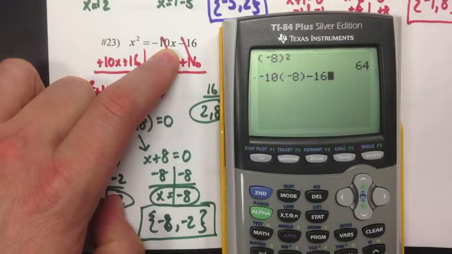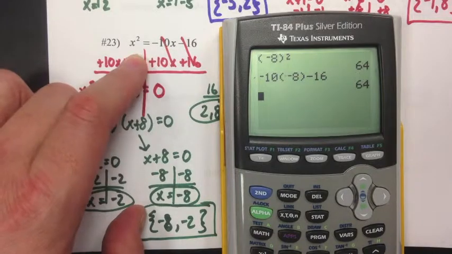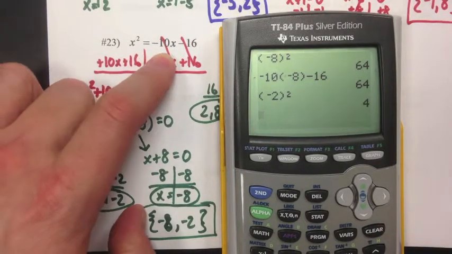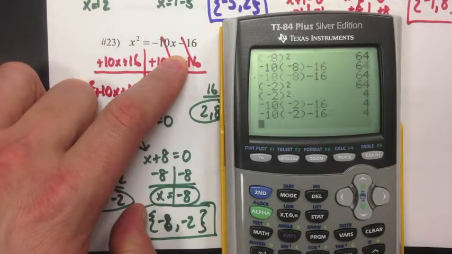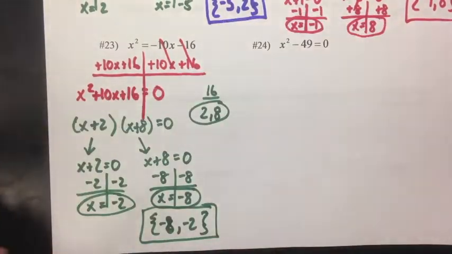Does that give me 64? Yes. So the first answer is good. How about negative 2? Negative 2 squared is 4. And on the right side, negative 10 times x, which is negative 2, minus 16 gives me 4. Check. All right, so we're good.